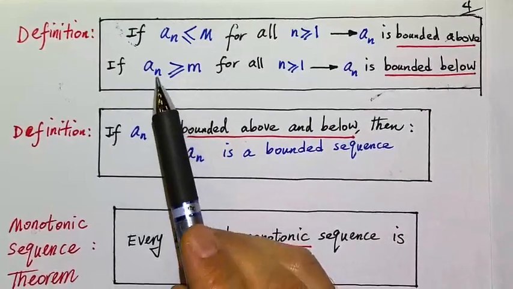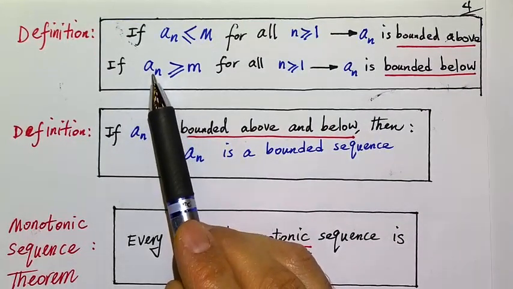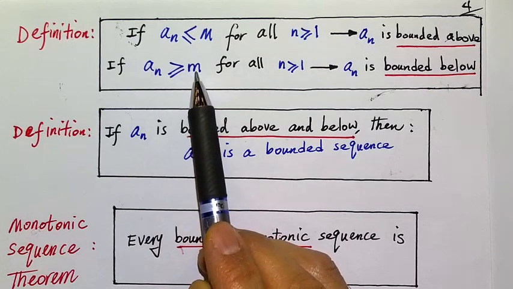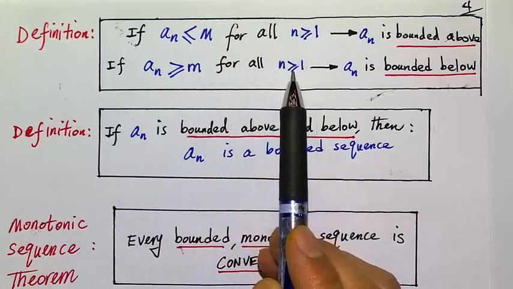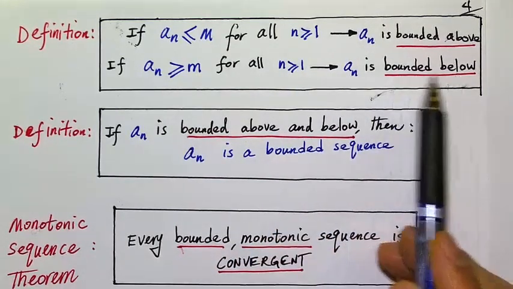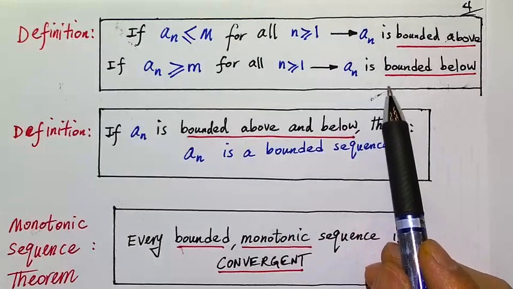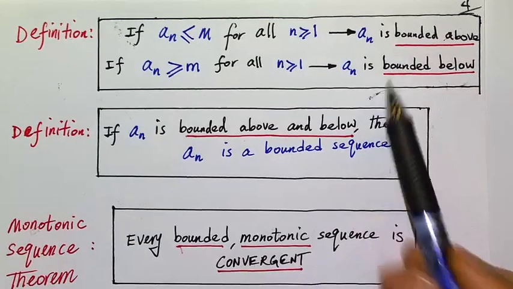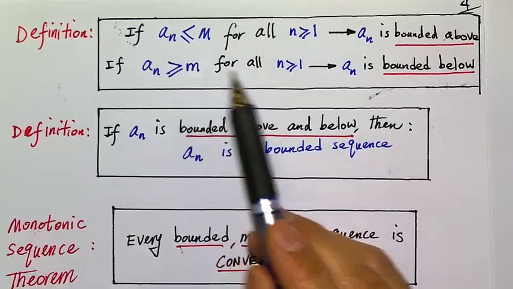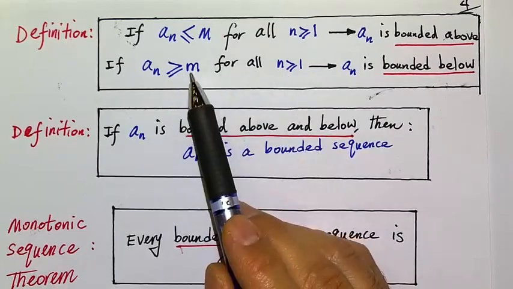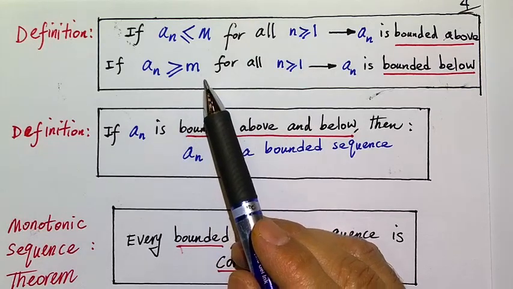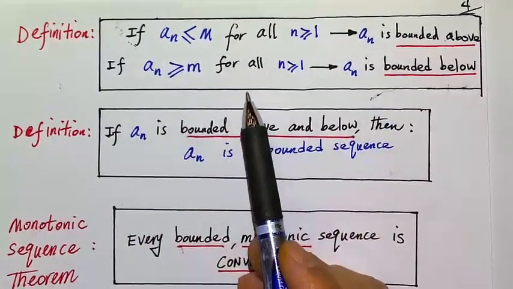If the sequence is larger than or equal to some value for all members of the sequence, then the sequence is bounded below. So there is a value that is lower than all values in the sequence, and that's identified by the lowercase m. These are simple conditions to remember.